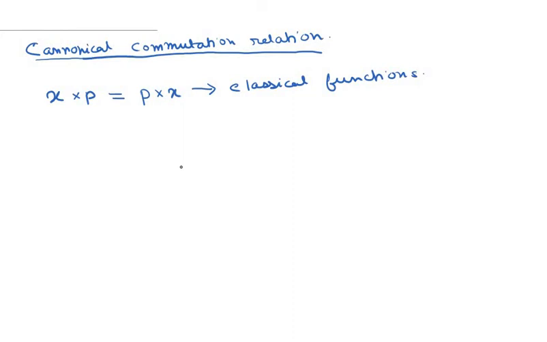In quantum mechanics, just as I stated, these are not numbers or functions, but operators. So let us say that I multiply this x operator and p operator, and I subtract from it the reverse, that is, the multiplication of p operator and x operator.